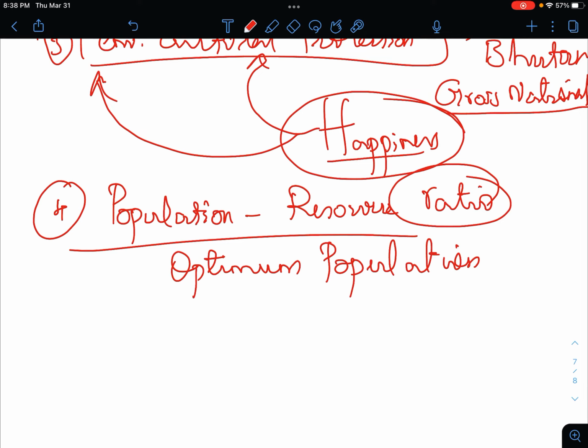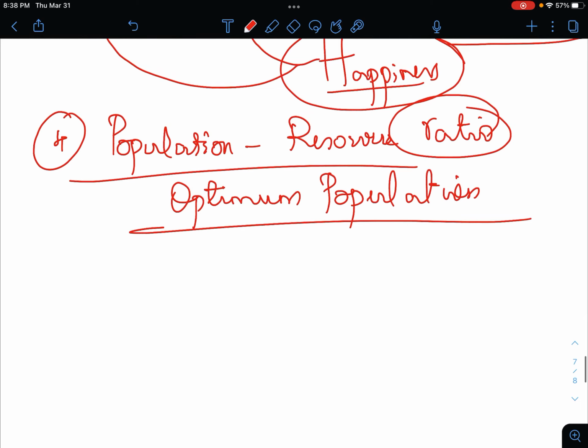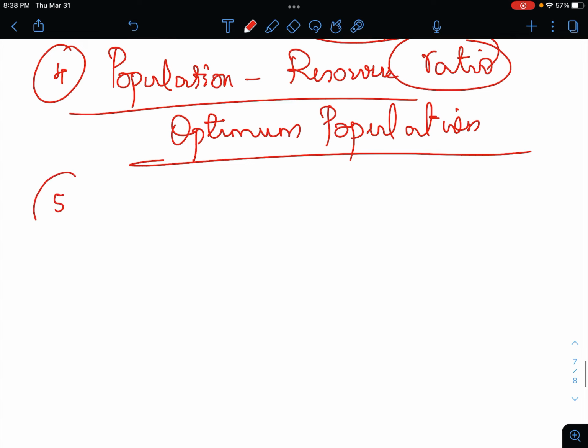The ecological footprint due to this optimum population should be very low. So they have high human development, in the sense that these countries have achieved the basic amenities given to the people for so long, due to this optimum population.